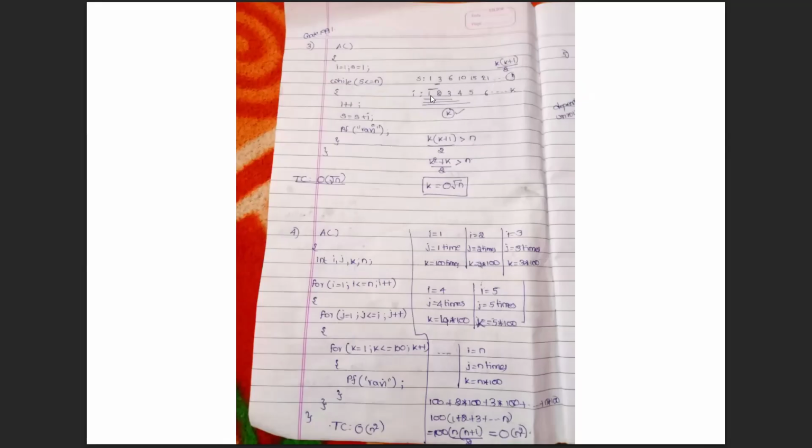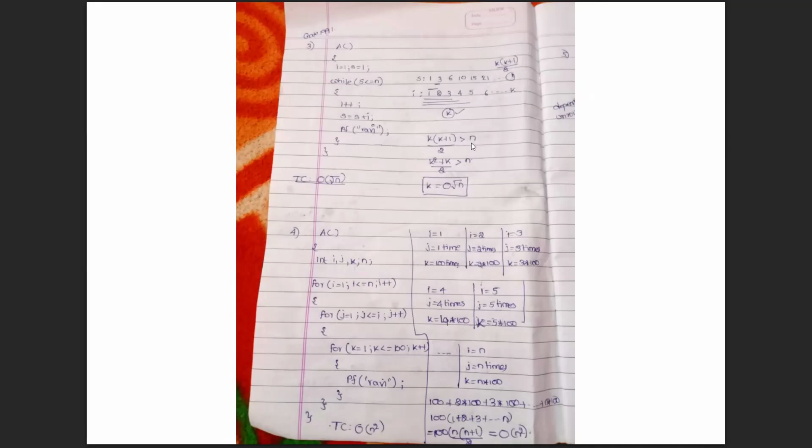The sum of the first k natural numbers formula is k into k plus 1 by 2. So we have to take the condition and simplify it. Here, whenever the s value is greater than n, the condition becomes false. So we have to take that condition in order to solve the question.